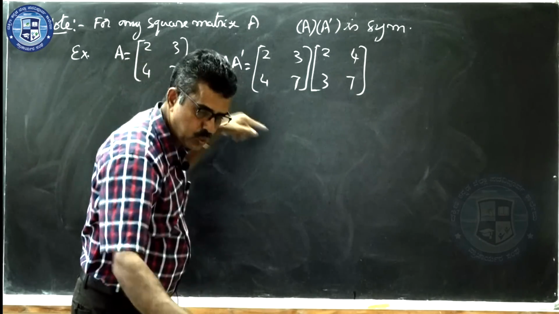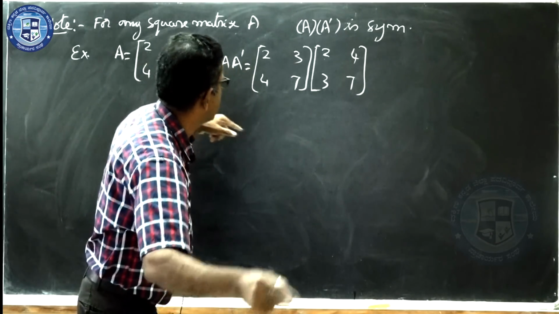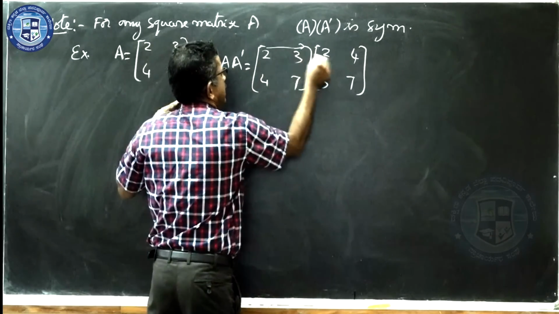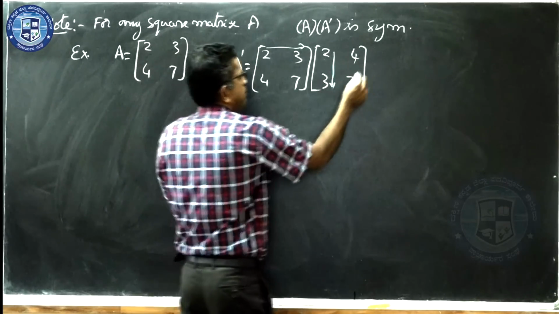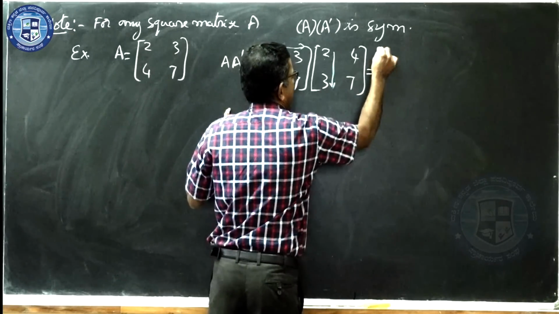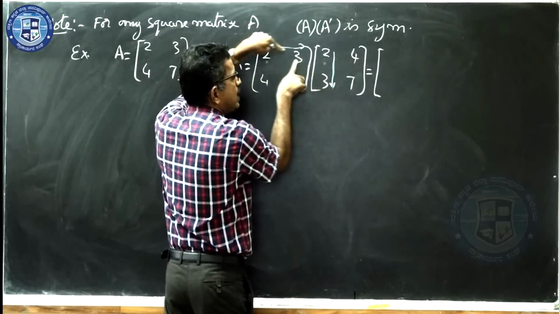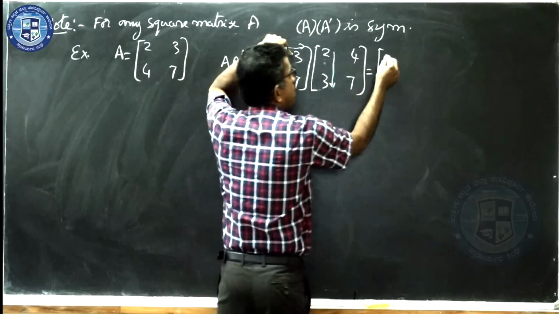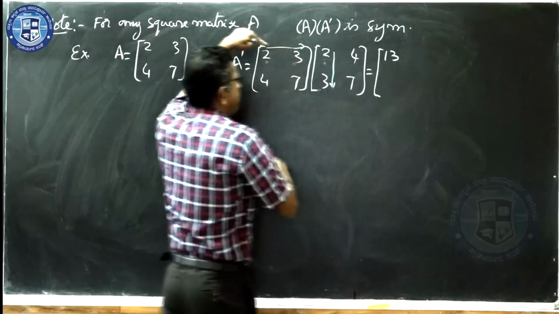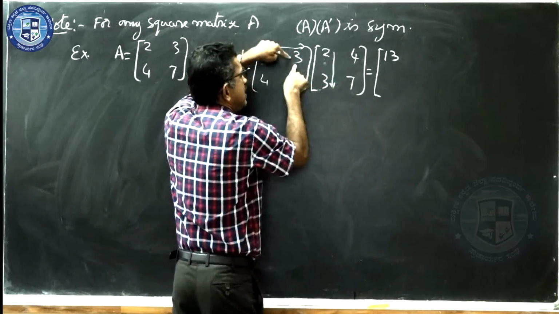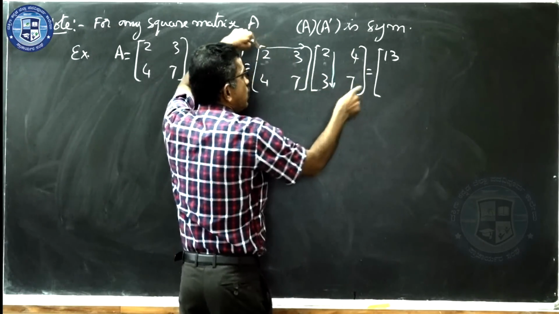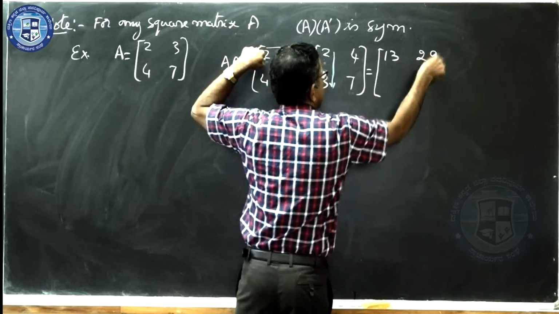And you know how to find the product of two matrices: multiply rows of the first matrix with the columns of the second matrix. We have 2 2s are 4, 3 3s are 9, 4 plus 9, it is 13. Next, multiply like this: 2 4s are 8, 3 7s are 21, 21 plus 8, it is 29.